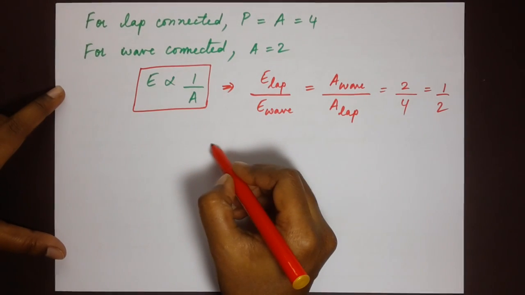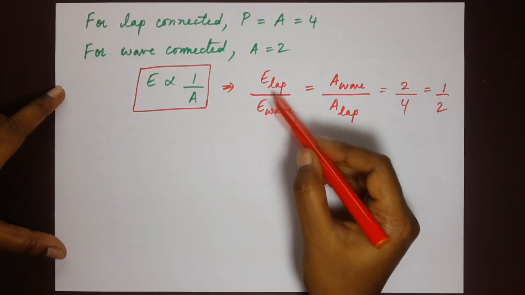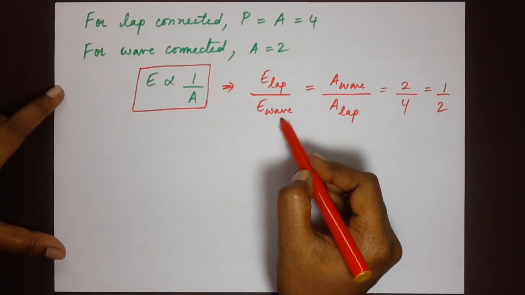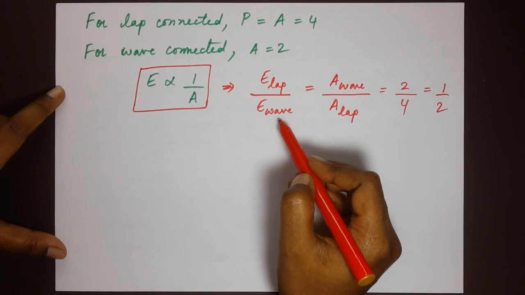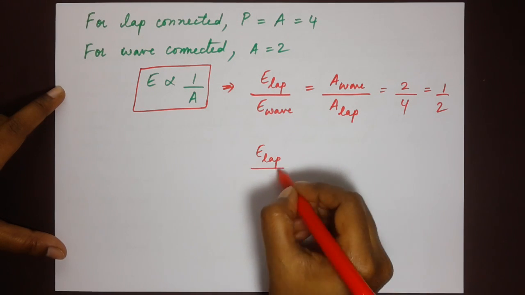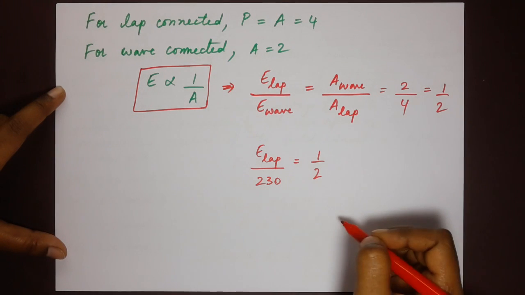Now let's substitute the values here. We know what the EMF of wave winding is, that's given to us as the rated 230 volts. So E lap divided by 230 is equal to 1 by 2.